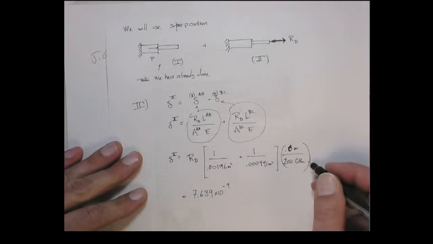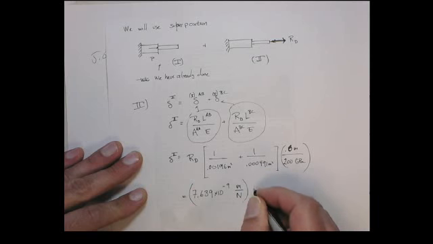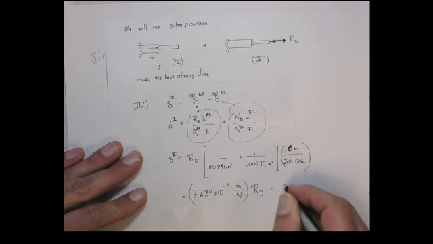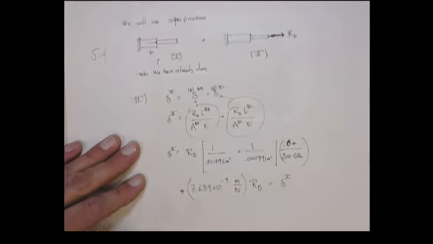This is a Newton per meter squared, so this just becomes meters over Newton times RD equals the displacement, okay? So if this is in newtons, this becomes meters, right? Okay.